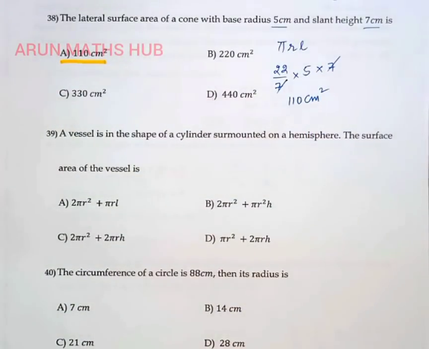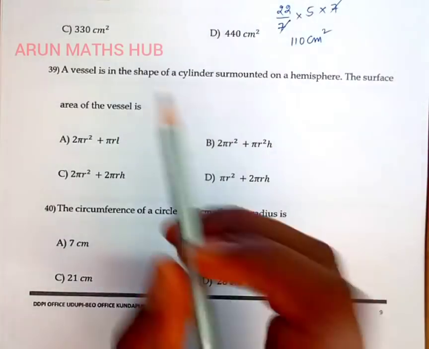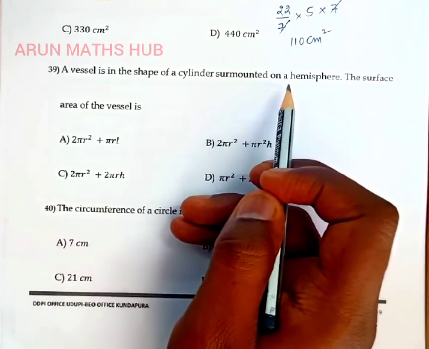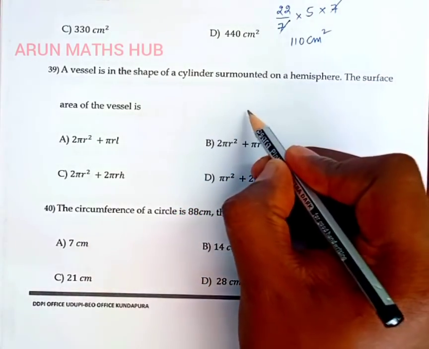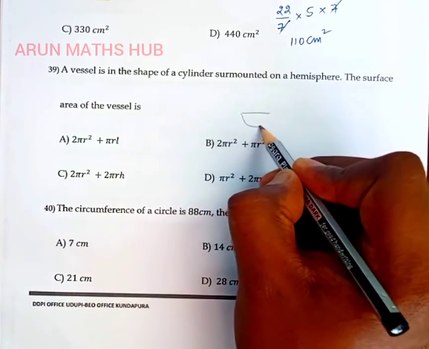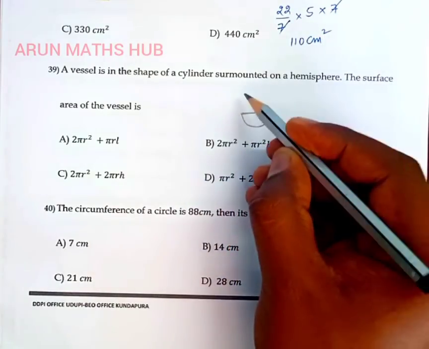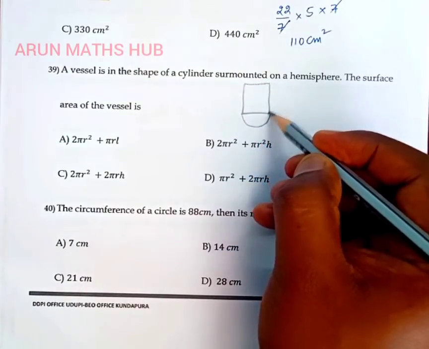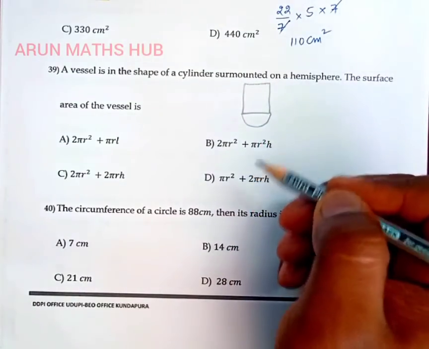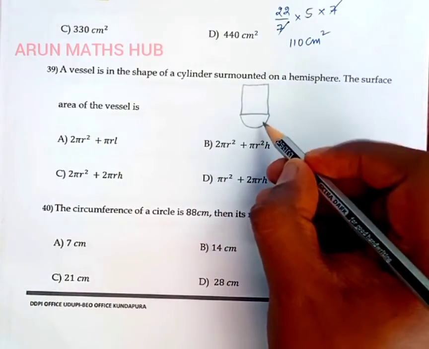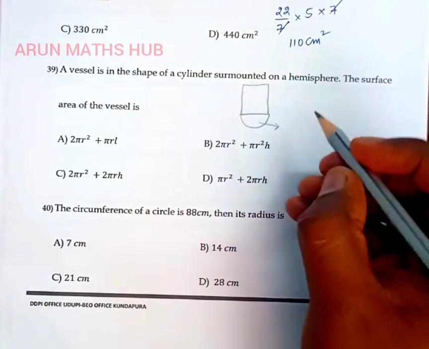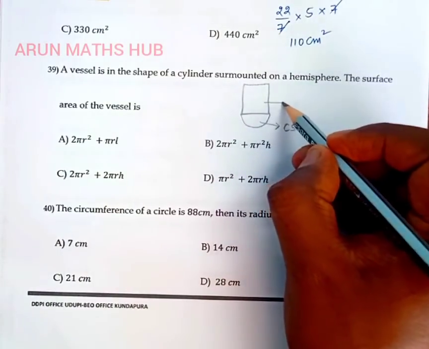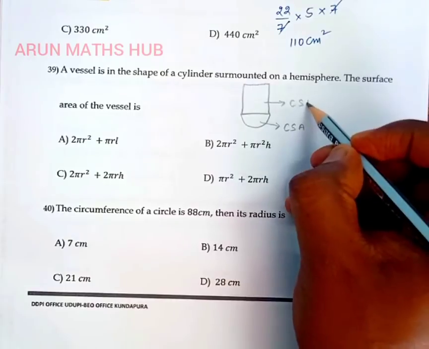Question number 39. A vessel is in the shape of a cylinder surmounted on a hemisphere. The surface area of the vessel is. We need to find the surface area of the vessel, which will be equal to the CSA of hemisphere and the CSA of cylinder.